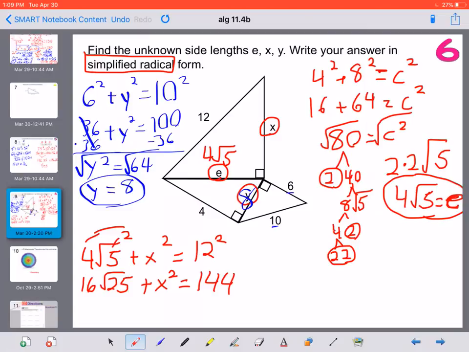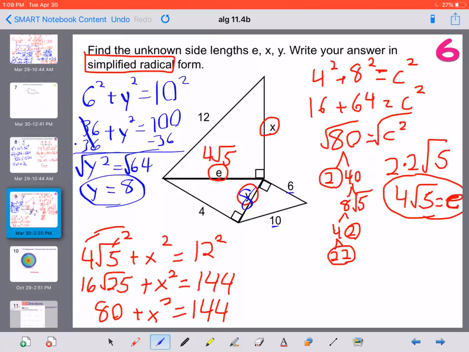The square root of 25 is 5, so it will be 16 times 5, which gives me 80. Plus x squared equals 144.